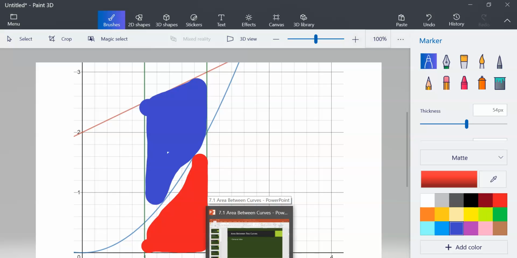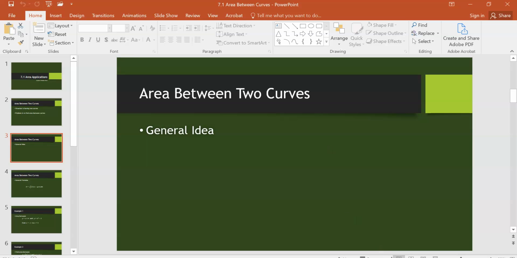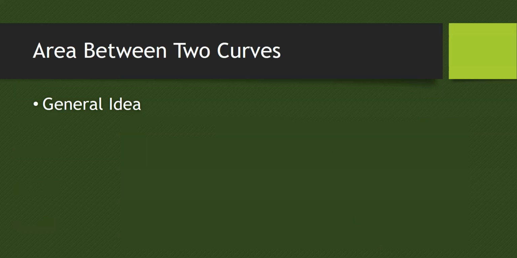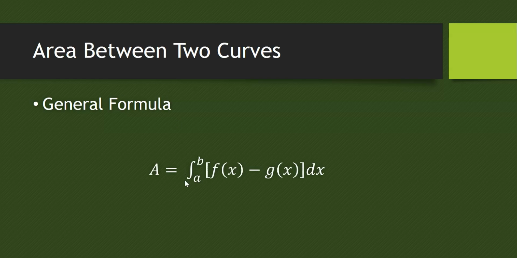The main idea is that we can find the area between two curves by simply integrating and subtracting the two curves. So integrating the difference of the two curves, saying it that way. Now, in this case, when we looked at the line and parabola, the line was on top.